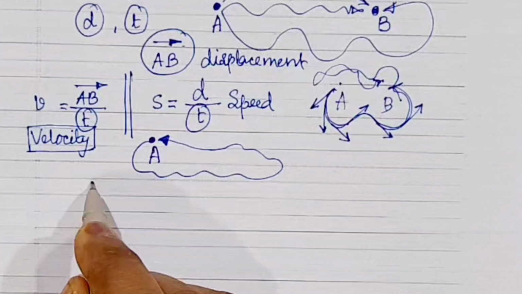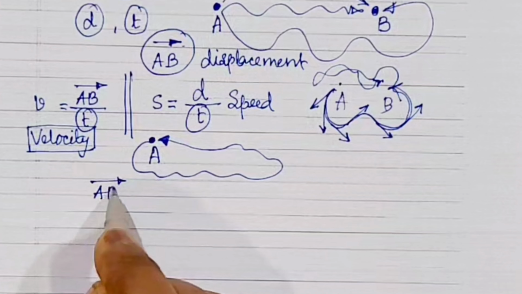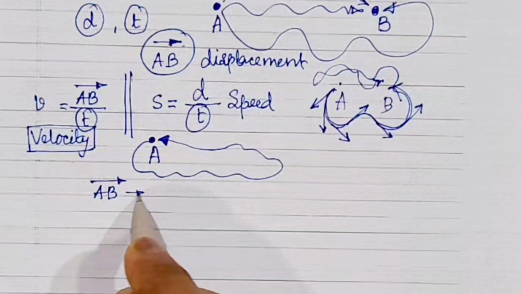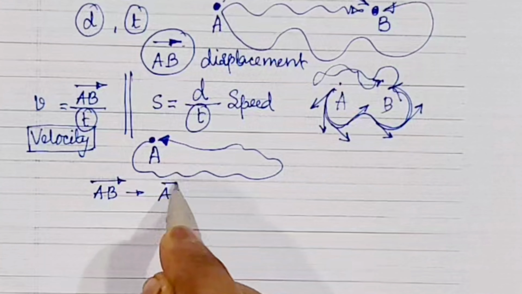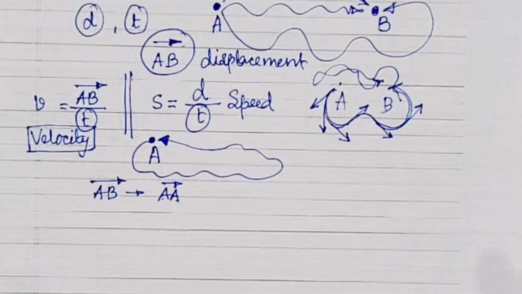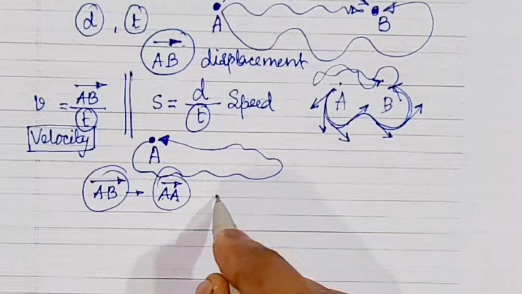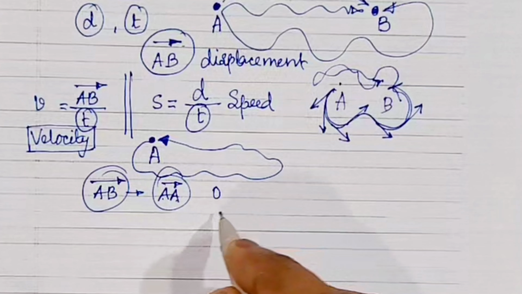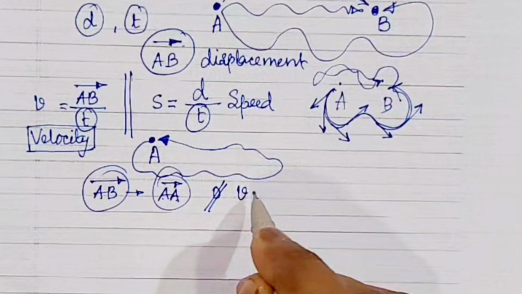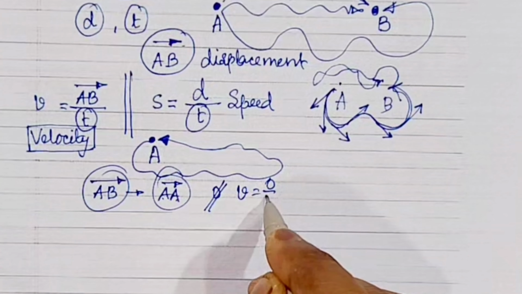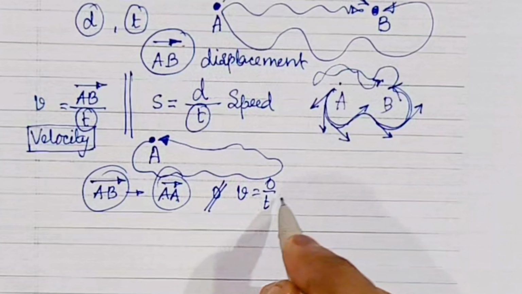Because we were at A and we ended at A. So our vector AB is nothing but AA. A and A, these are two superimposing points, the same point. So basically, displacement is 0. So that means no matter how much we traveled, our velocity is 0 by time, whatever time it has taken, that is 0.